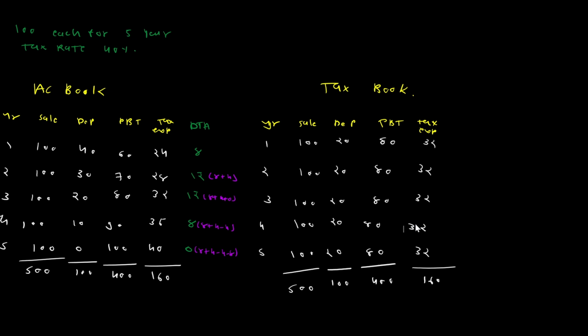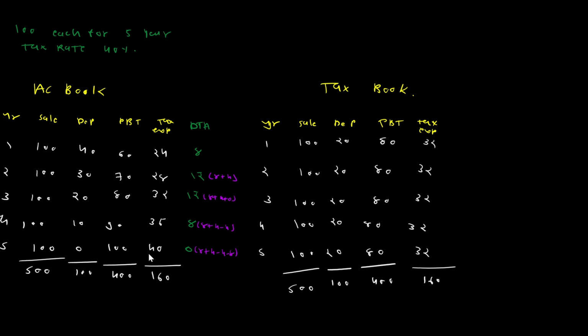And if I have a deferred tax asset, then there would be a reversal of the deferred tax asset. So I have 12, and I will reduce the deferred tax asset by 4 because I paid 4 less.